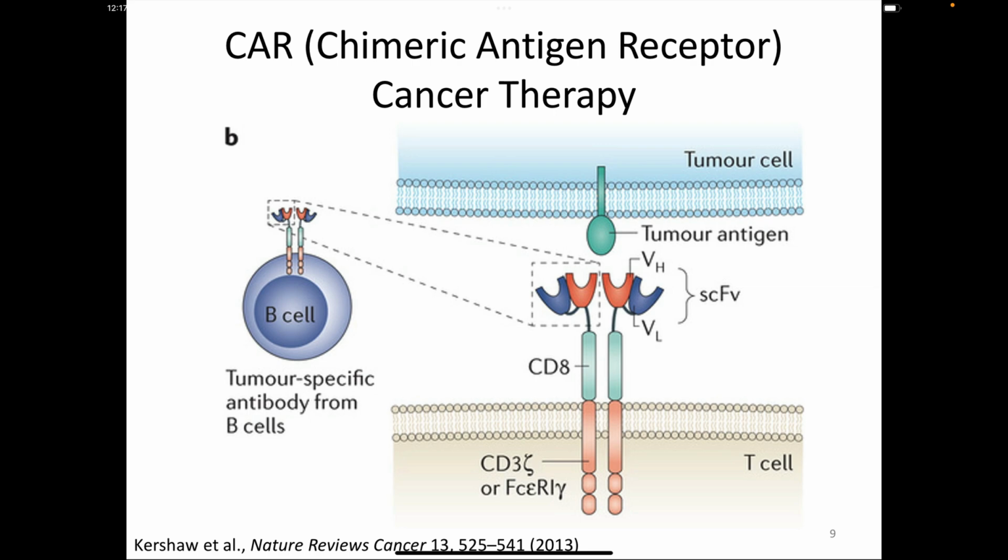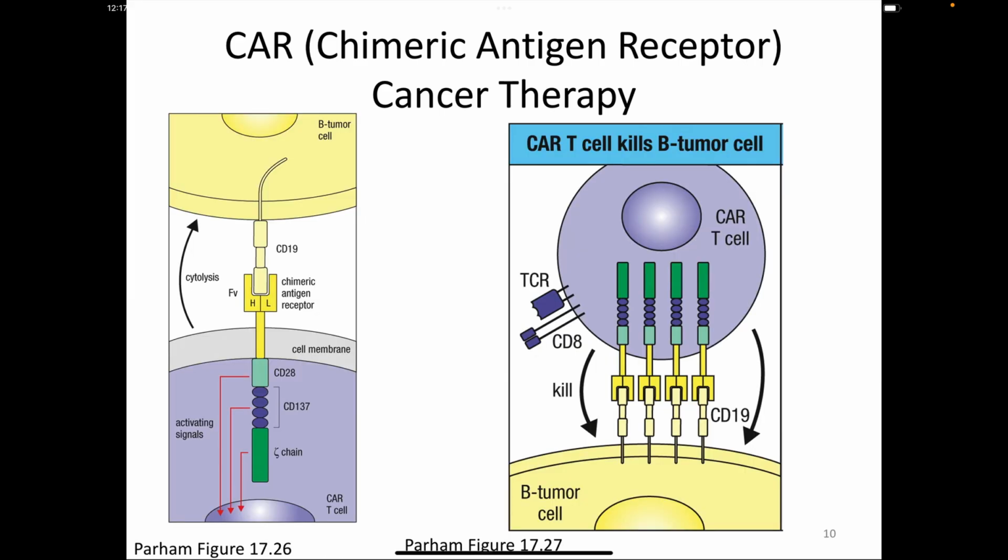And so we call these T cells that have been genetically modified with this new designer receptor CAR T cells, for chimeric antigen receptor. The idea is, instead of using an antibody, let's actually design a receptor based on that antibody, put the T cells into the patient, and then kill the tumor.